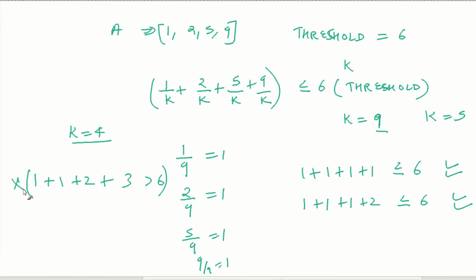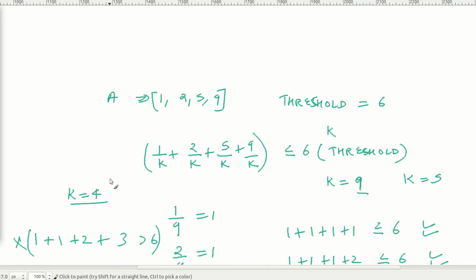So similarly, we are given an array A and a threshold, and we need to find the final answer for these values. To solve this problem, the brute force way would be to just iterate over all the values of k starting from 1 and moving on till the maximum value in the array.